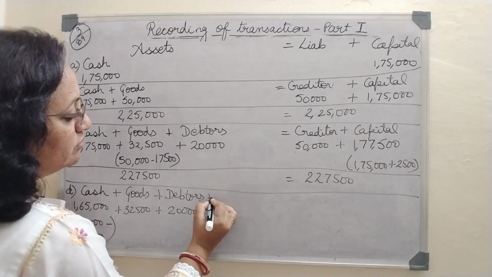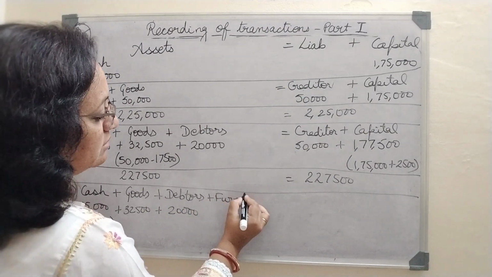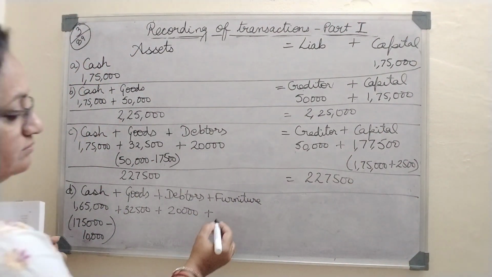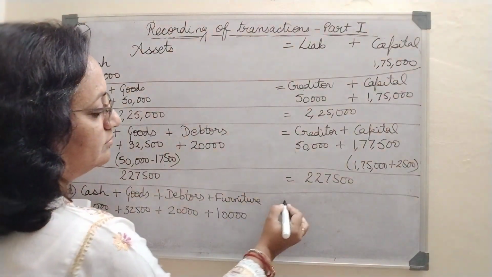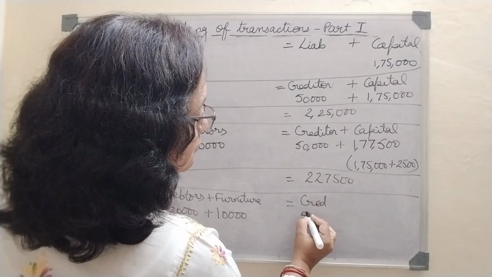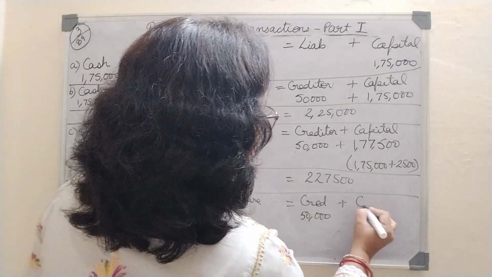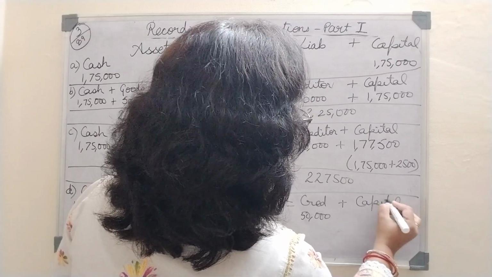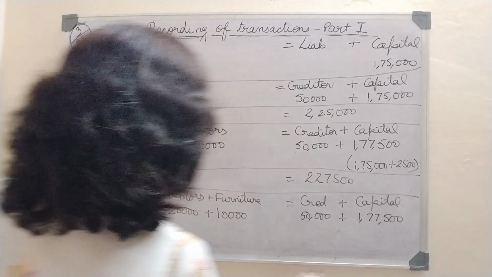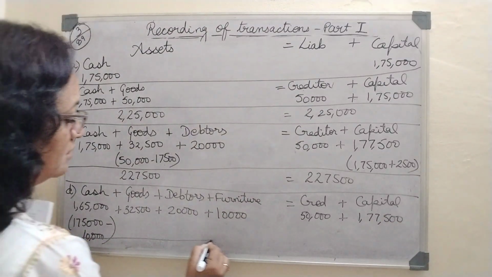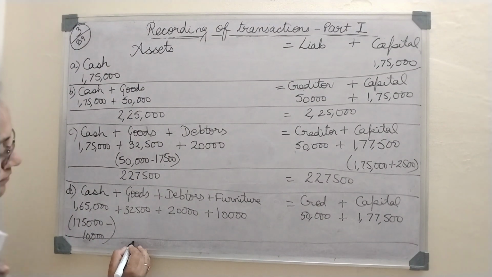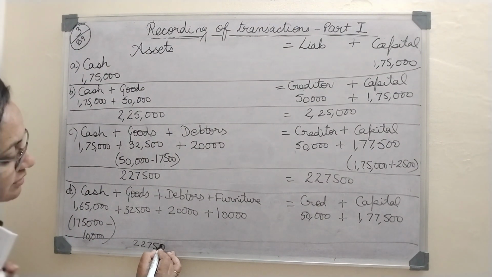One more head will open over here: furniture. And this furniture is costing 10,000. Creditor is 50,000. Capital is 1,77,500. So again the total of both these sides will come to 2,27,500.